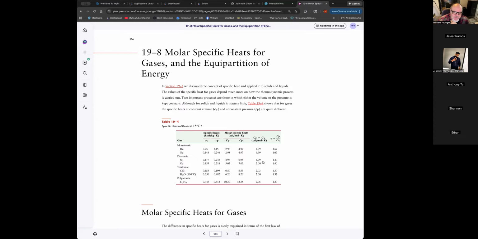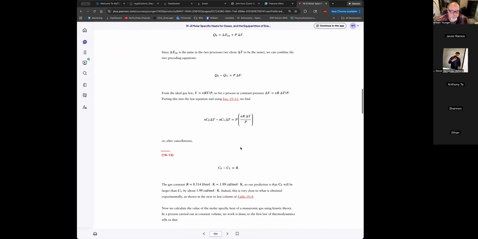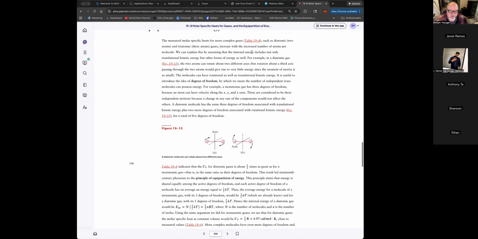We also got that CP was 5 halves and CV was 3 halves. And of course, 3 halves would mean essentially three, and 5 halves would be essentially five. And you can see, sure enough, it's five right here for CP, and it's three right here for CV. So all of this is at least consistent with the diatomic. All right. Any questions on that?